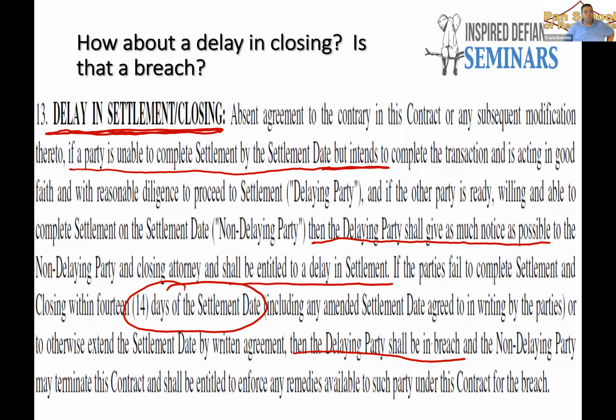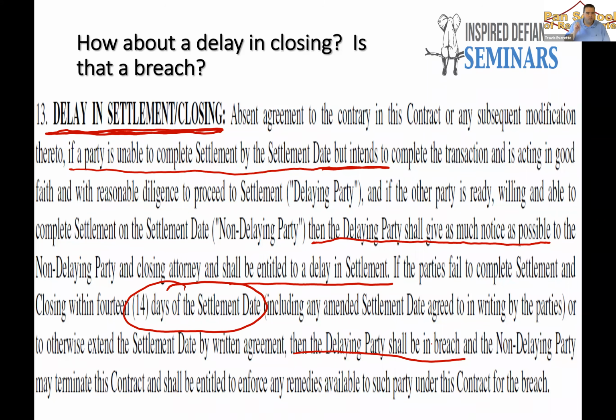So this is one of those things that I think gets very underexplained when agents are presenting this contract. Here's why. What if your buyer has timed their move perfectly? What if they have scheduled the movers to have all of their stuff on a truck on the closing day, and they packed it all up, and they got everything on the rider truck waiting to be unloaded at the new house?